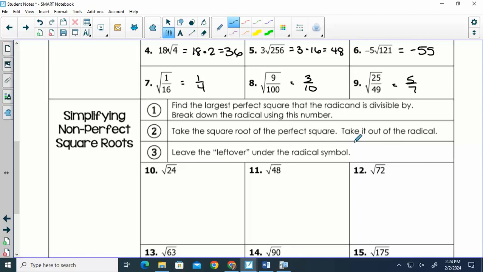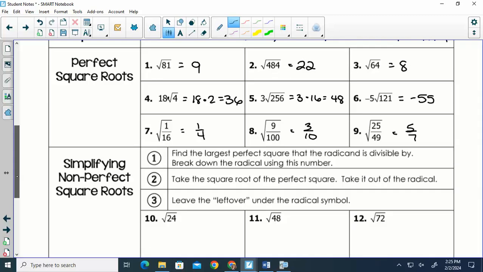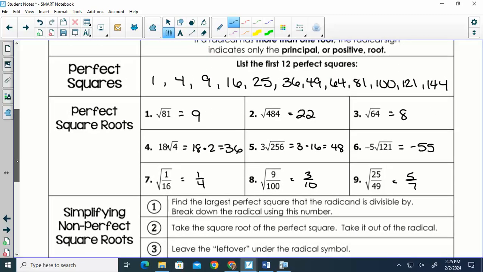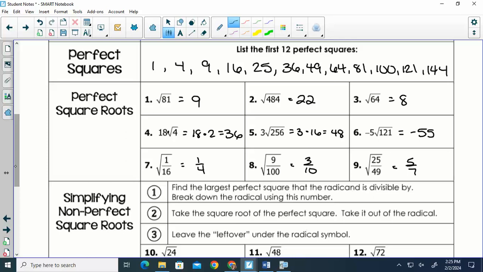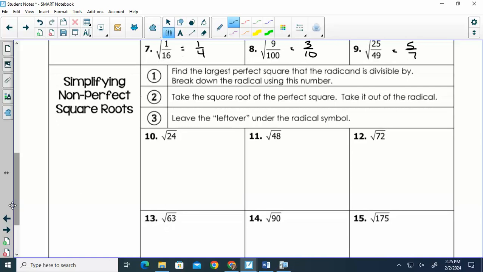So let's think. Can 24 be divided by any of our perfect squares? 8. Is 8 on my perfect square list though? No, but 4 is. Would you guys agree 24 is the same thing as 4 times 6?